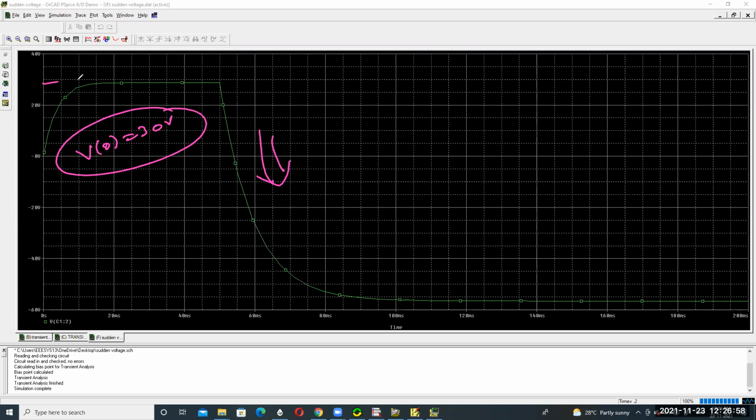According to our expression, which I already derived, v of t is equal to minus 60 plus 90 into e power minus 100t, for t greater than or equal to 0.